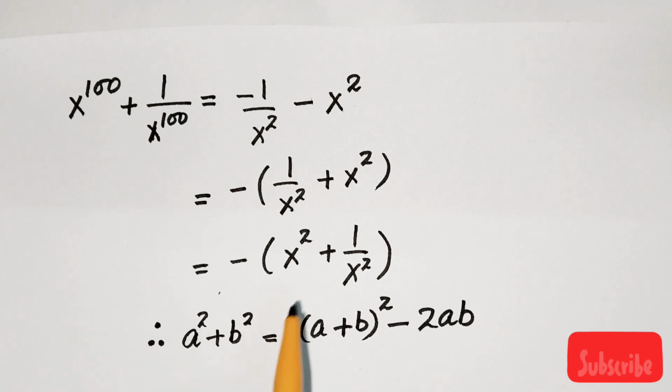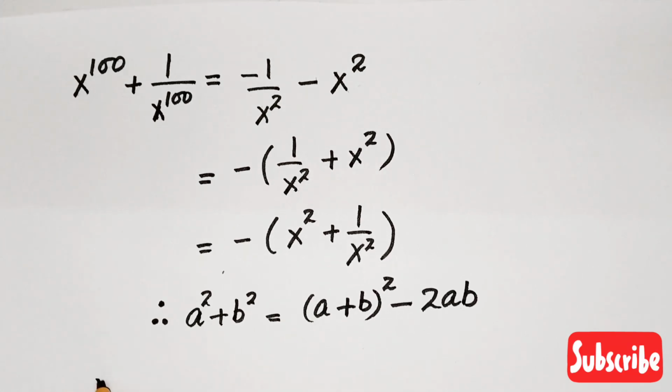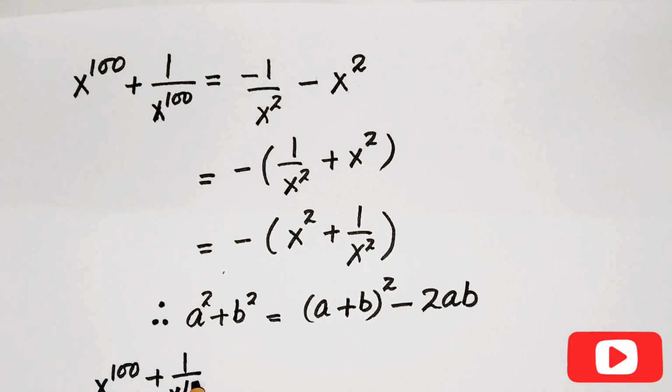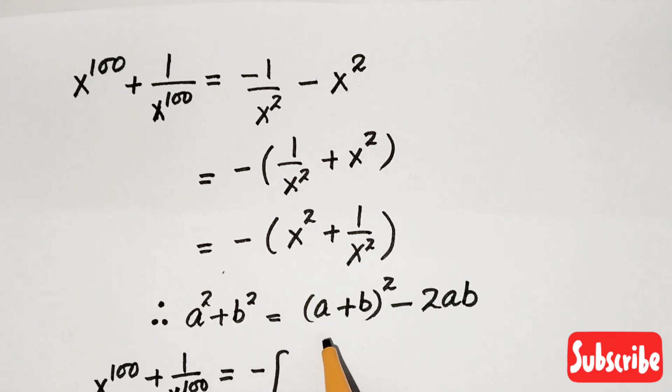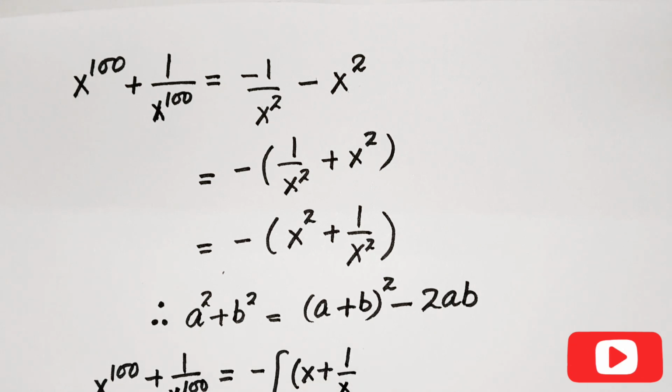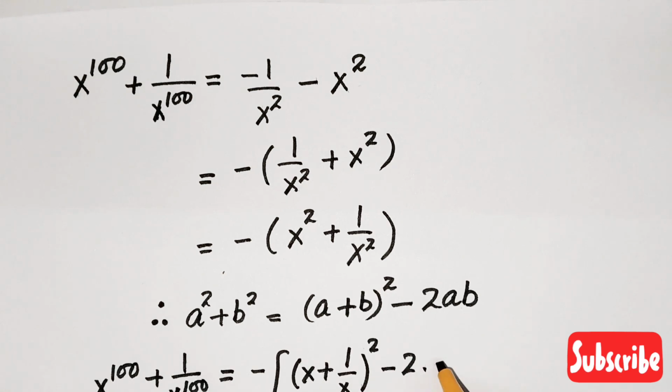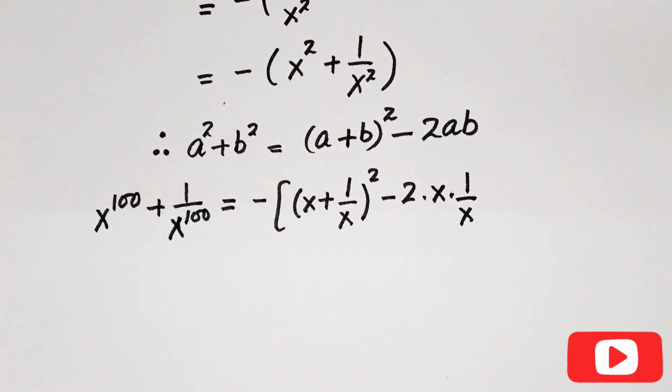So we write x raised to power 100 plus 1 over x raised to power 100 is equal to minus, and here x squared plus 1 over x squared we write as x plus 1 over x whole squared, minus 2 times a times b, where a is x and b is 1 over x.